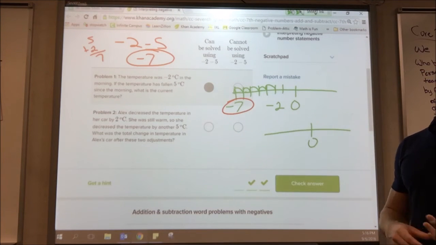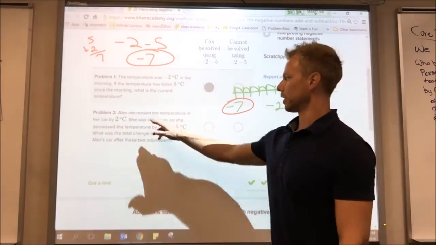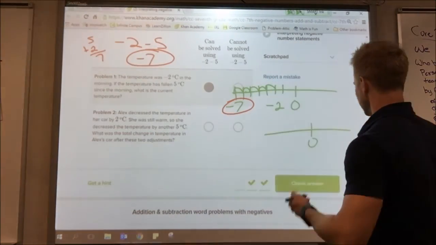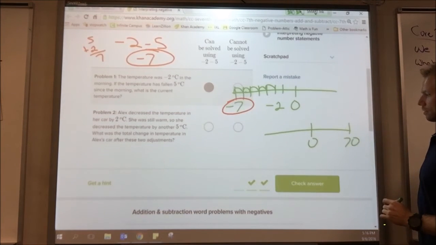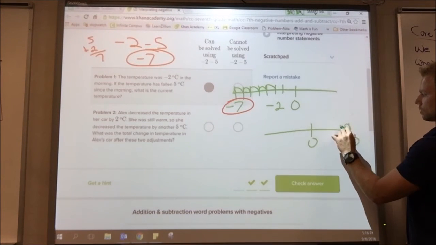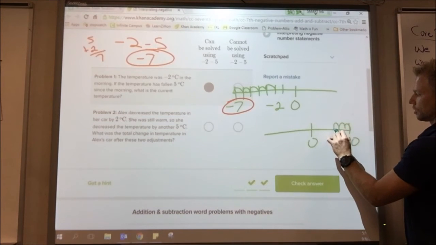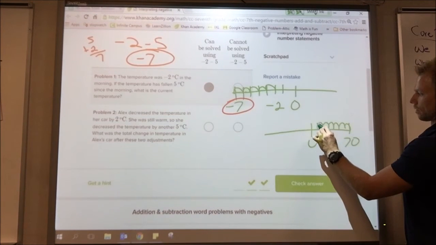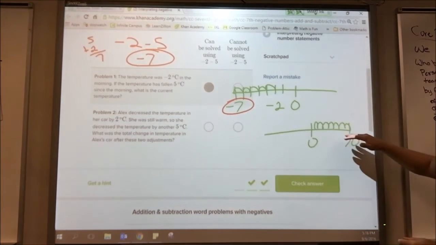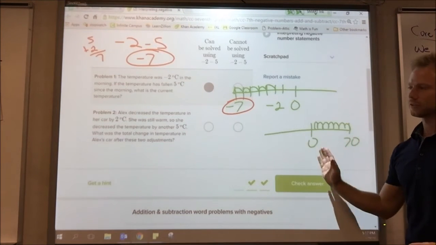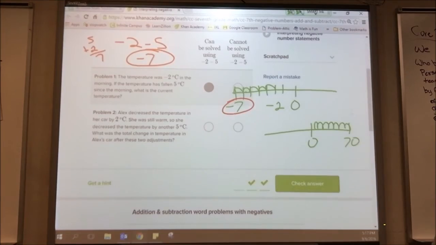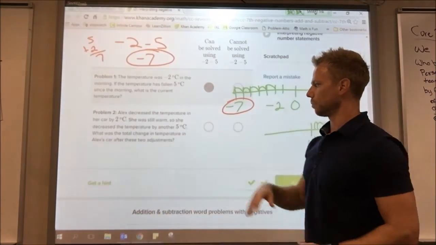Okay, so we don't know where she started, but we know that she decreased and she decreased. So let's say it was 70 degrees in her car. First she went down 2 degrees, and then she went down 5 more. Now I know my number line isn't quite accurate. That's okay, I'm just using it as a visual to help me see what's going on. So what was the total change in temperature?